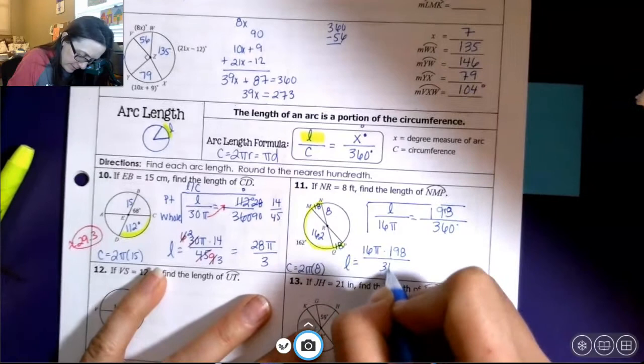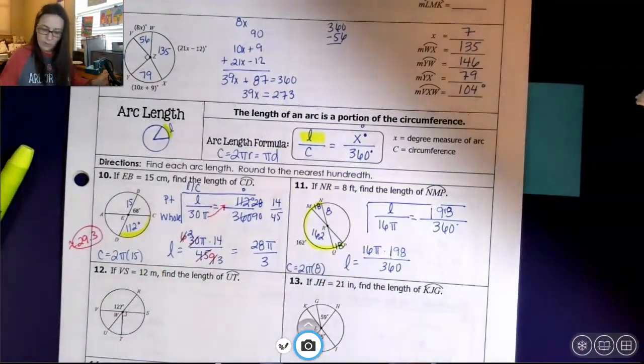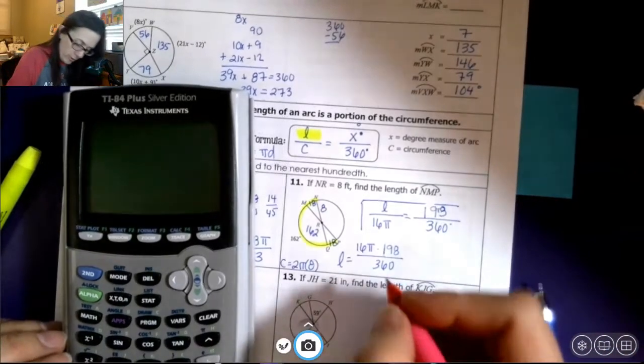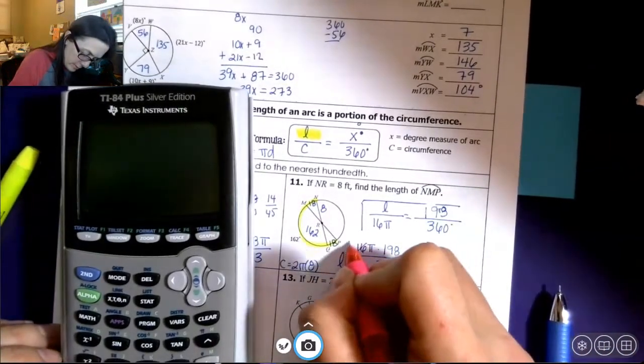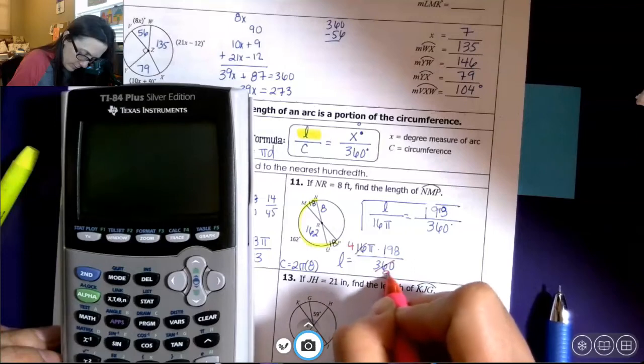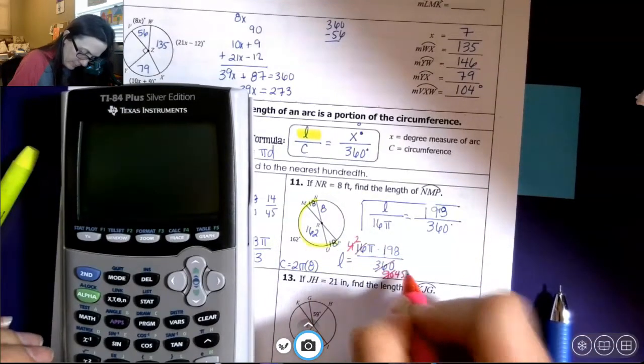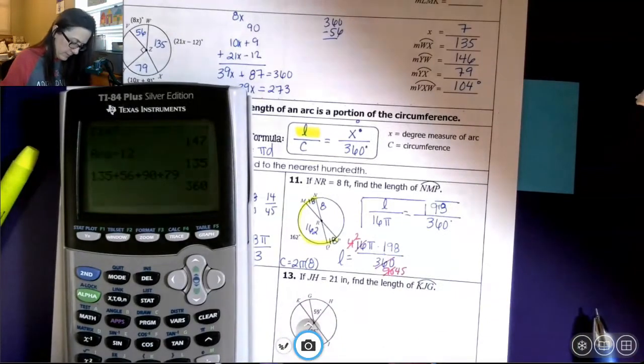divided by 360. So again, you could divide those and simplify. Then I could divide by 4. Divide by 2. See if 198 is divisible by 3.